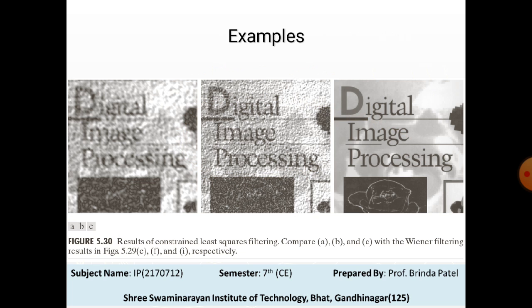By comparing the constraint least squares and Wiener results, it is noted that the former yielded slightly better results for the high and medium noise cases, with both filters generating essentially equal results for the low noise case. It is not unexpected that the constraint least square filter would outperform the Wiener filter when selecting the parameters manually for better visual results.